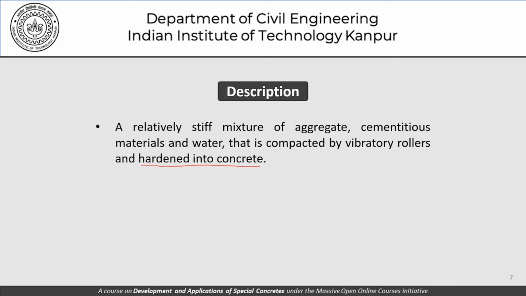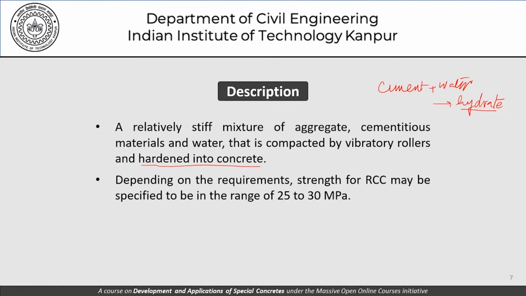Regular process means cement and water hydrate in much the usual manner to produce hardened concrete, except that the method involved in compacting the materials is slightly different. Depending on the requirements, the strength of RCC may be specified in the range of 25 to 30 MPa, or it could be less or more, whatever you want.